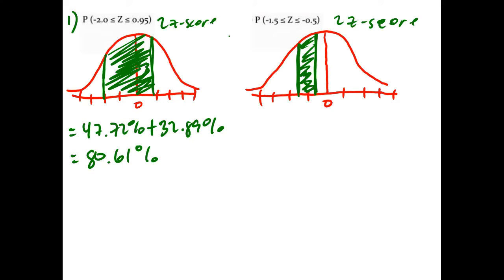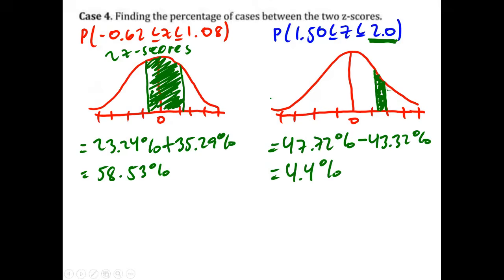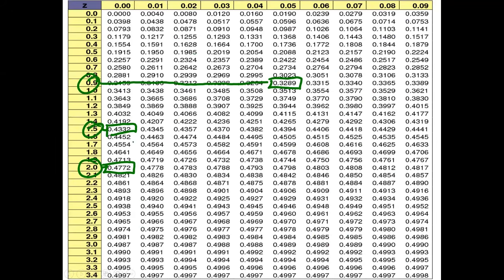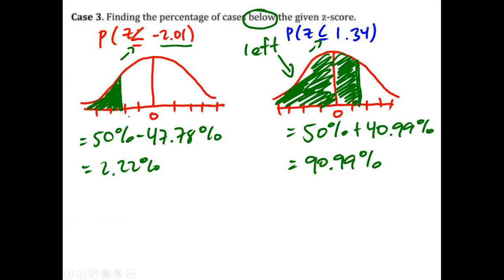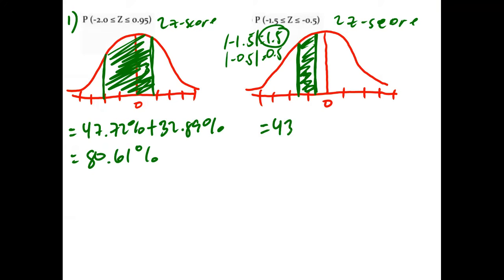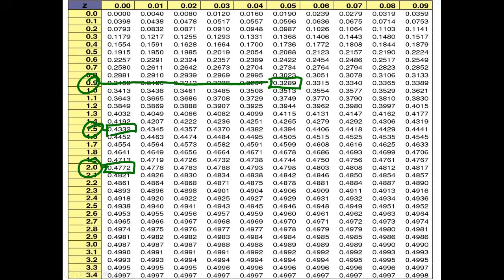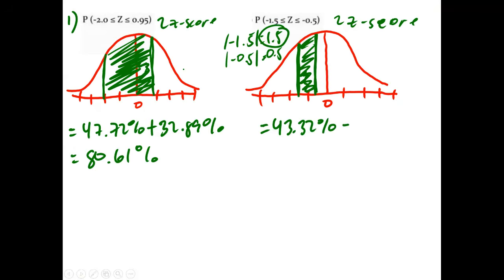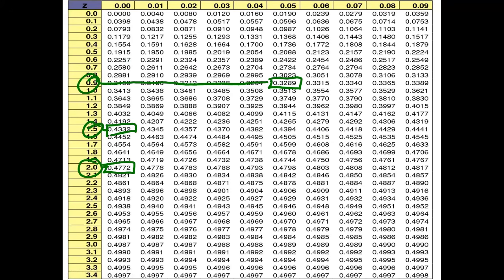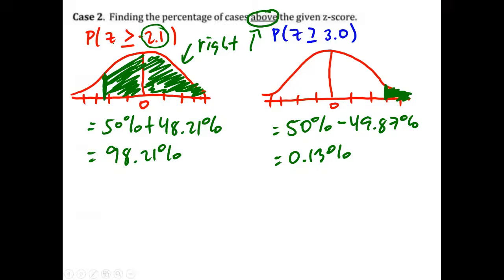Since mas mataas ang absolute value ng negative 1.5 sa absolute value ng negative 0.5, unahin natin tignan yung percentage ng 1.5. 1.5 is 43.32. 43.32% minus 0.5, I should say, 0.5, 19.15.